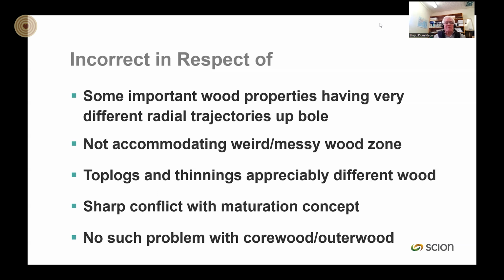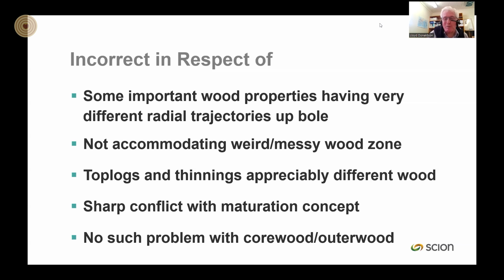And most important of all, the historical concept of juvenile versus mature wood is in very sharp conflict with a well-established botanical concept of maturation, and of course with the core wood, outer wood concept or terminology.